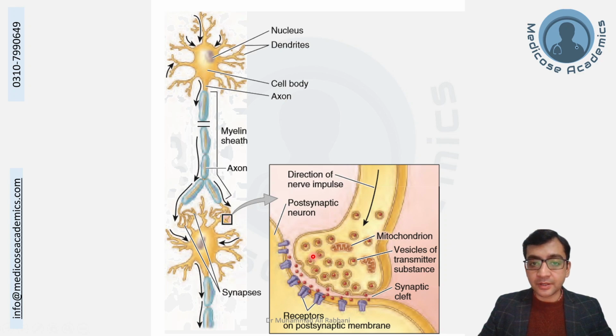The presynaptic neuron has secretory vesicles that are emptied in response to the incoming impulse. The transmitter traverses the synaptic cleft and attaches to the receptor, which responds by generating, or sometimes downplaying, an impulse in the next cell, and the next cell then creates the impulse. So this is called synapses.